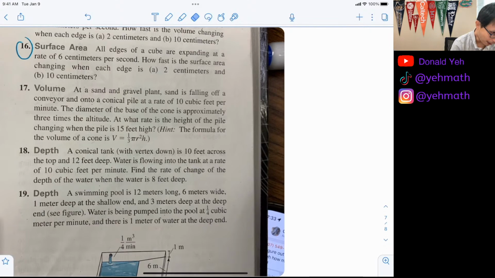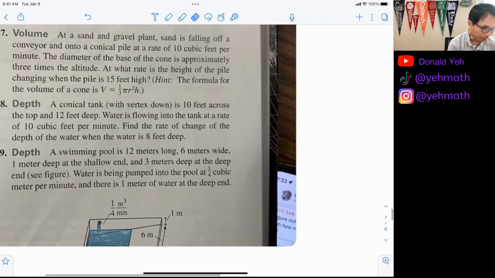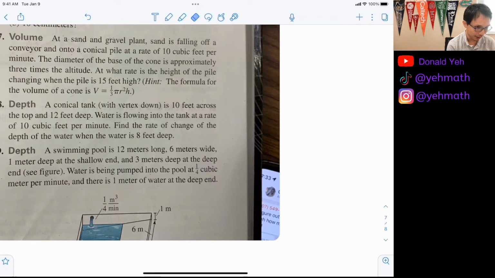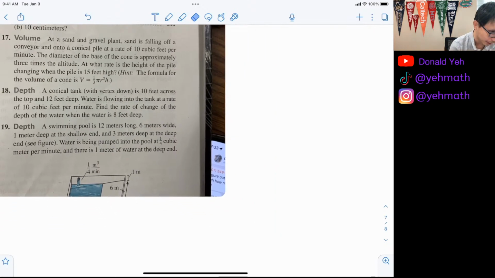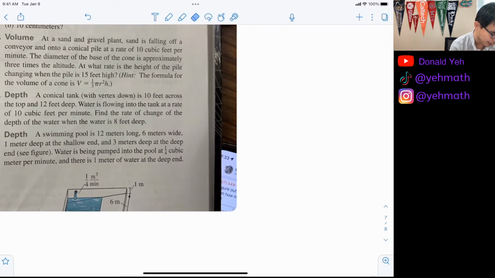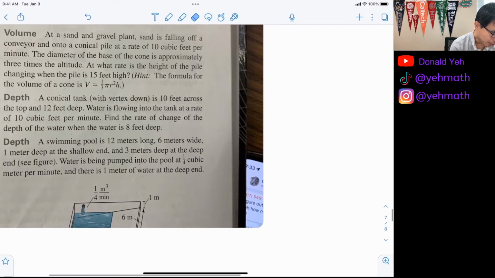So, question about this cone. The cone problem is a little bit harder, but easier to understand. It's just the math process that is a little bit harder. So I'm going to draw a cone first.